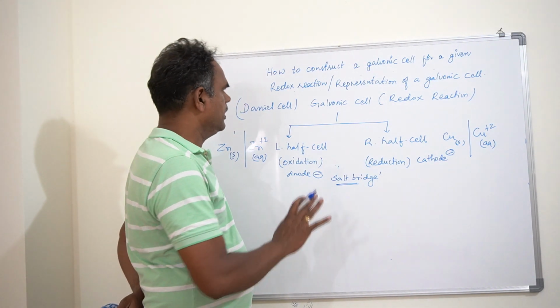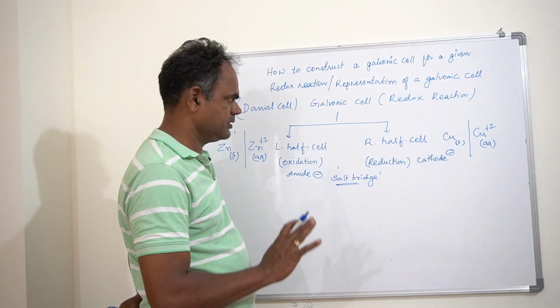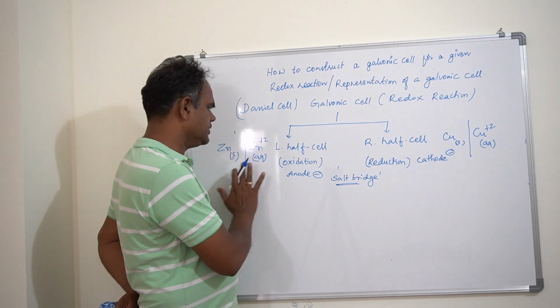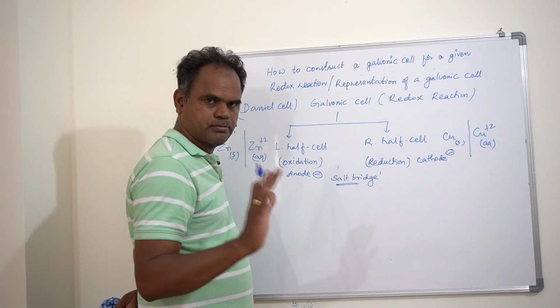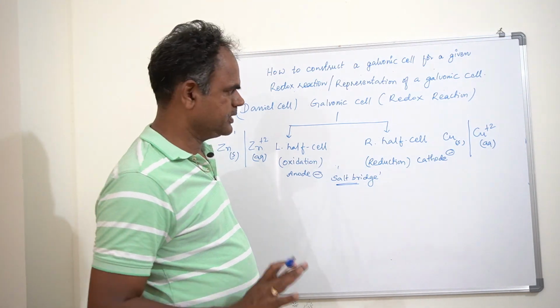Already you know what redox reaction takes place in this Daniell cell when we join these two half cells through a wire and voltmeter.